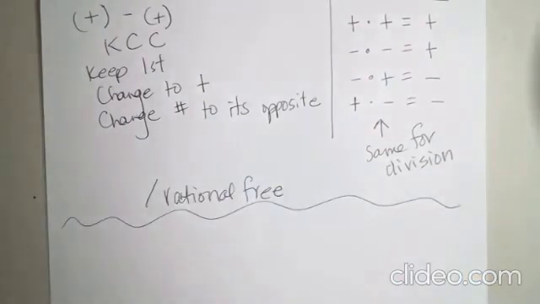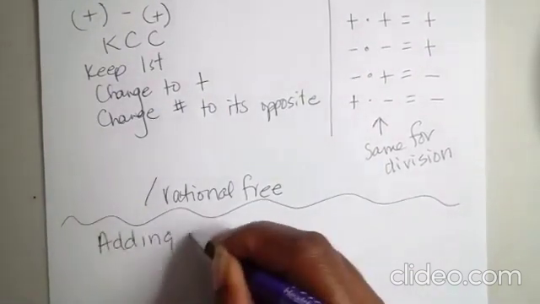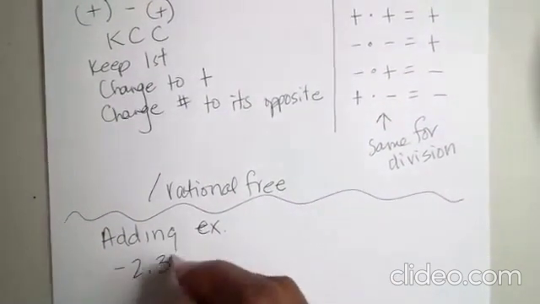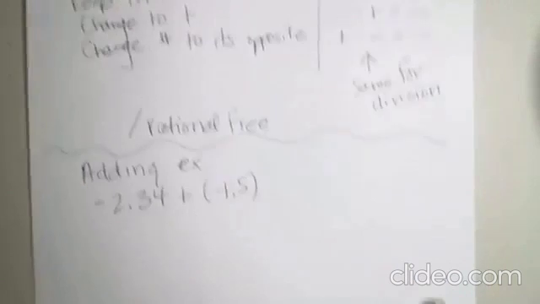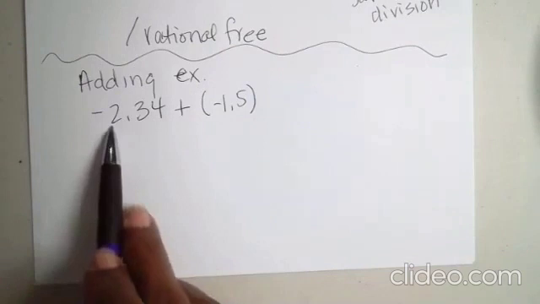Okay, so let's do some adding examples for decimals. I've got -2.34, and I'm adding that to -1.5. Well, these are the same signs, yes. So we're adding the same signs.